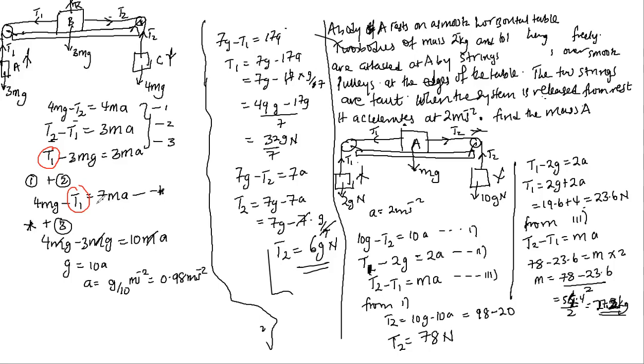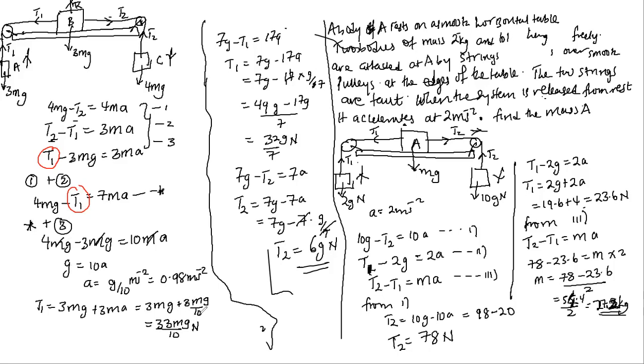When we get acceleration, we substitute to get tensions. For example, T1 is equal to 3mg plus 3ma. This will give me 3mg plus 3mg over 10. This will give me 33mg over 10 newtons.